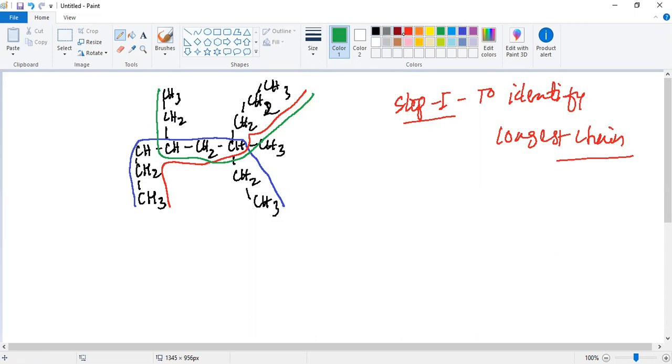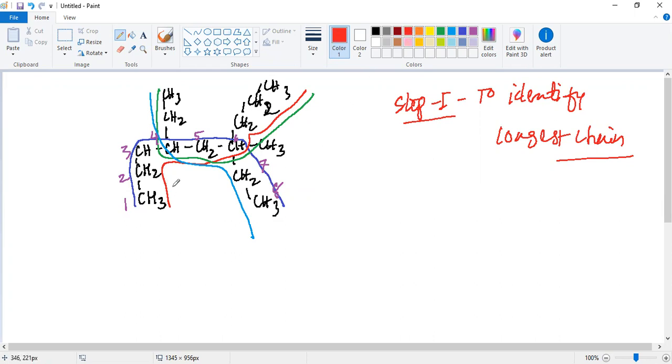Or, we may even think about this one. So let us find out which one is the longest one. Let us go this way. 1, 2, 3, 4, 5, 6, 7, 8 carbon.